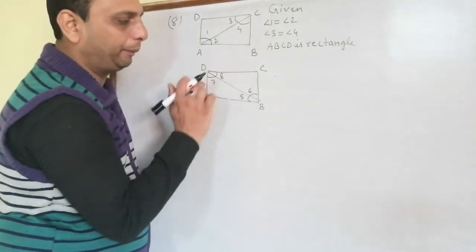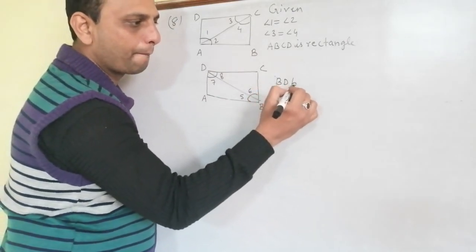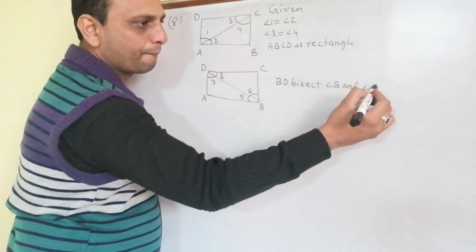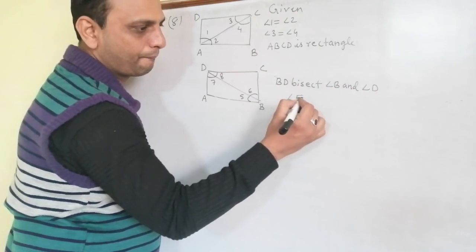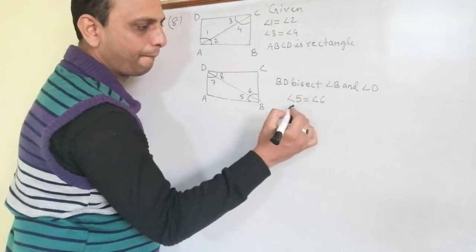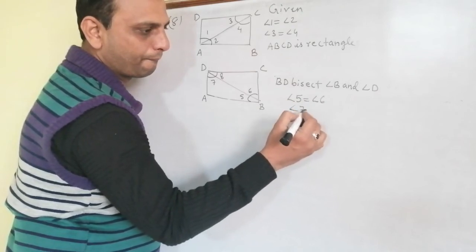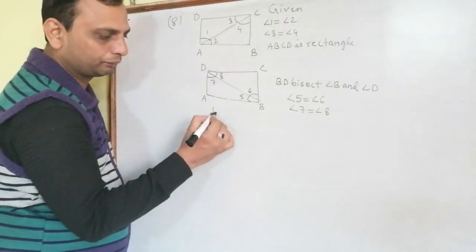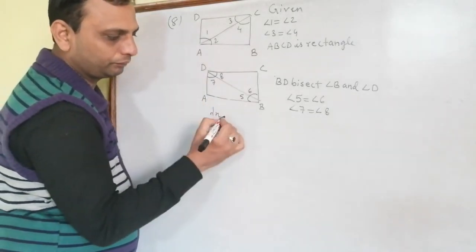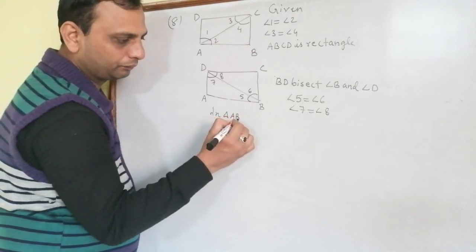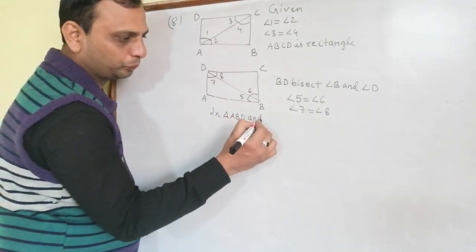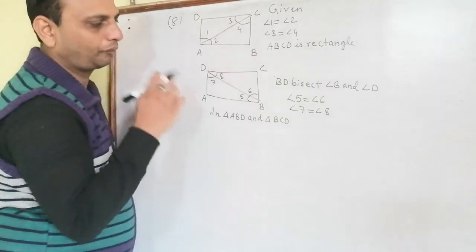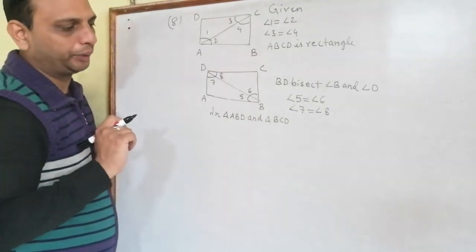To prove this one, BD bisects. Triangles ABD and BCD, we have to make them equal.